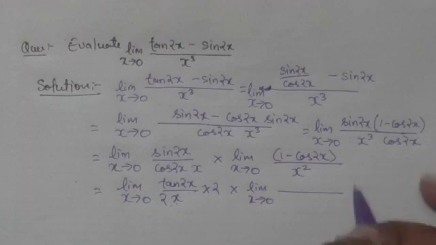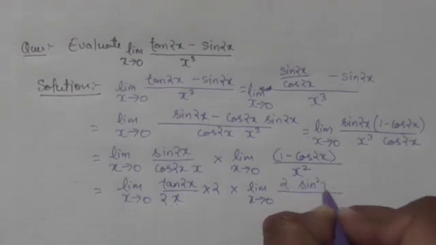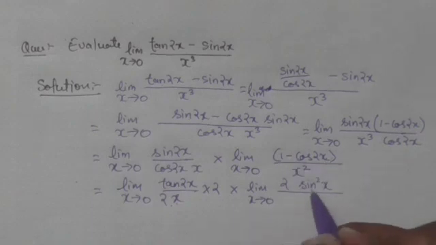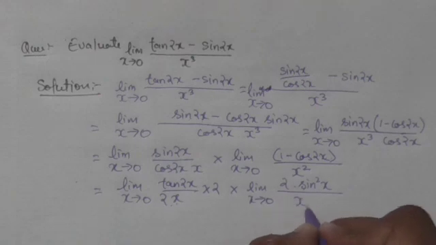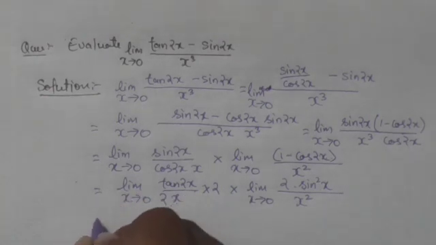Now 1 minus cos 2x is what? It is twice sine square x. 1 minus cos 2x is equal to 2 sine square x. In the denominator we have x square. Now see here, as x tends to 0, therefore 2x will also tend to 0, right?